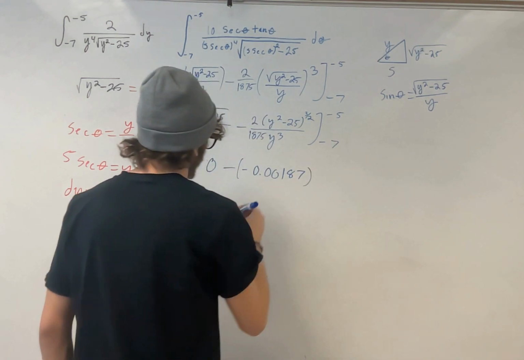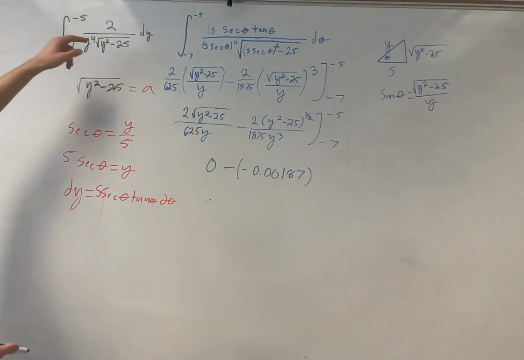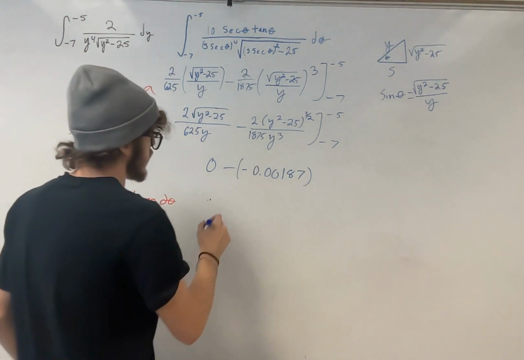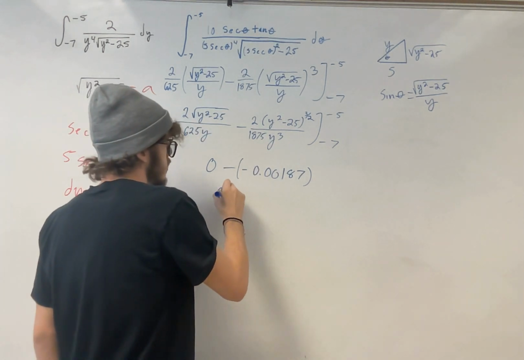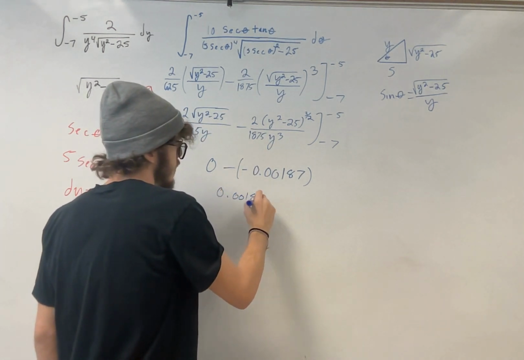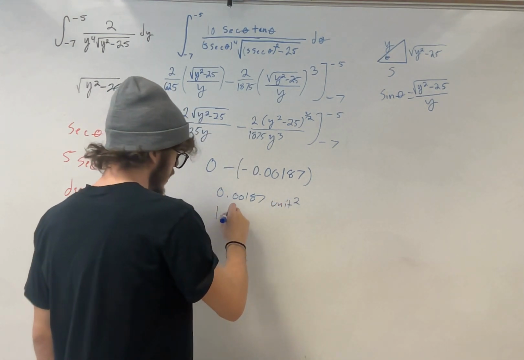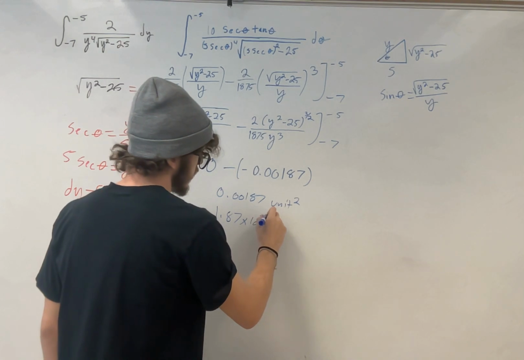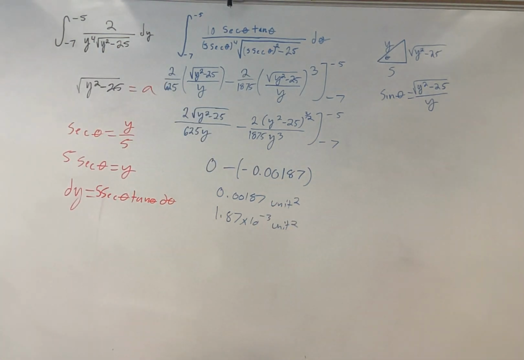I'll round it to that. So the area under the curve for this function between -5 and -7 is going to be, I'll put it in both scientific notation and normal notation, 0.00187 units squared. Or 1.87 times 10 to the -3rd units squared. That was that entire integral there.